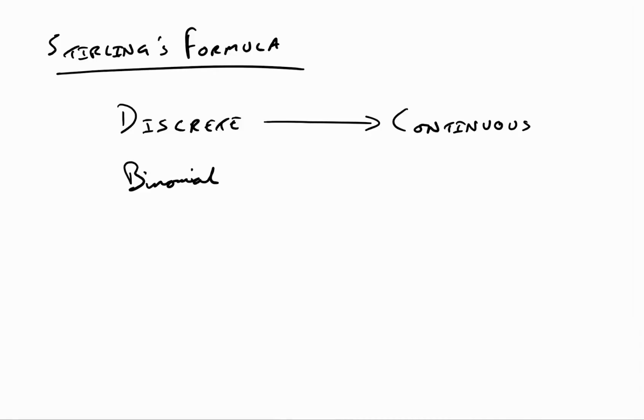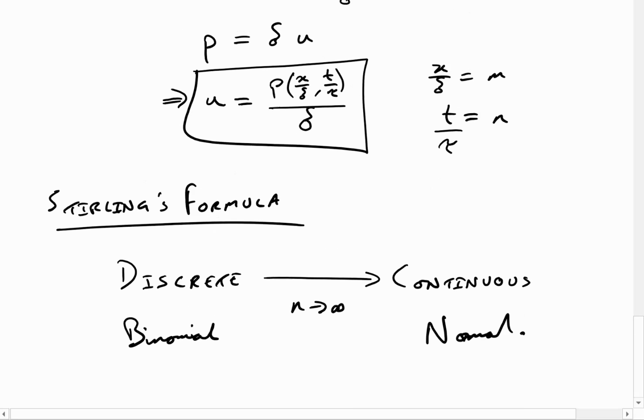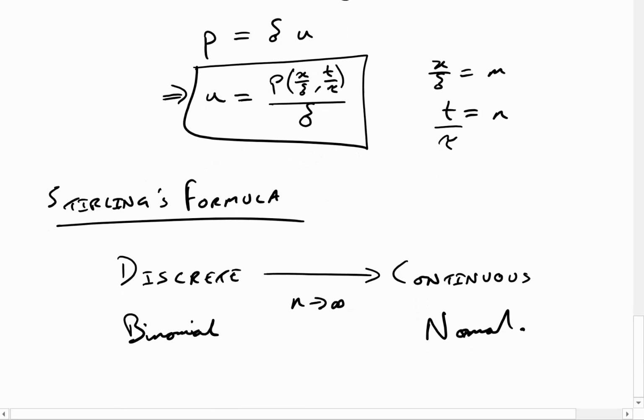Well, as we go to the continuous case, what Stirling's formula tells us is that as we take more and more steps, I mean, you've probably seen this in statistics, as you take more and more data of something, it tends towards a particular distribution, the normal case. This is exactly what we're doing here, because we're taking delta to go to 0.